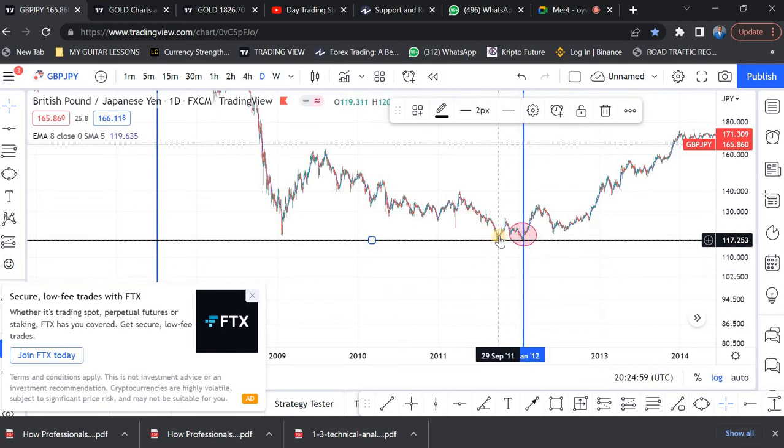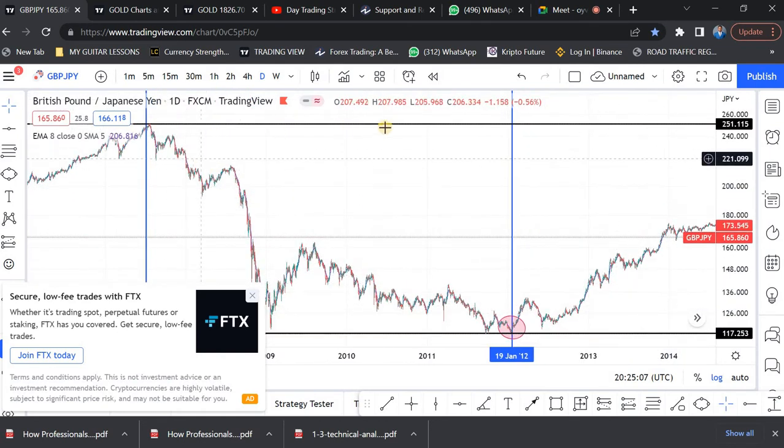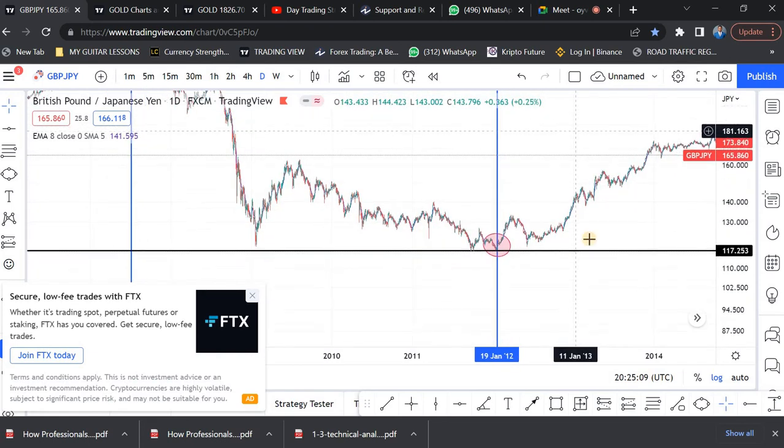That is the point where price came down and then reversed in a certain direction again. So now you could see that we have a resistance up here and a support down here. And always when price gets to these levels, it respects them and then moves back. It either pauses or moves back.